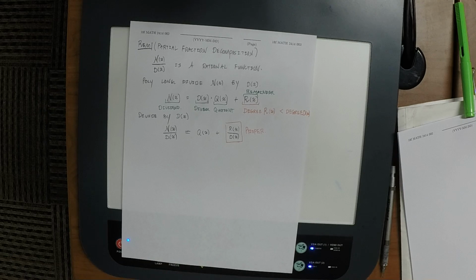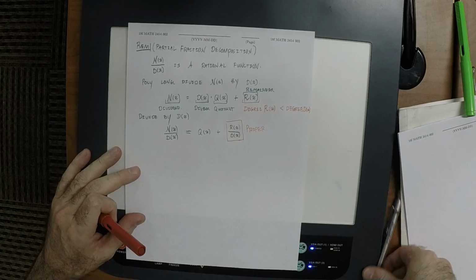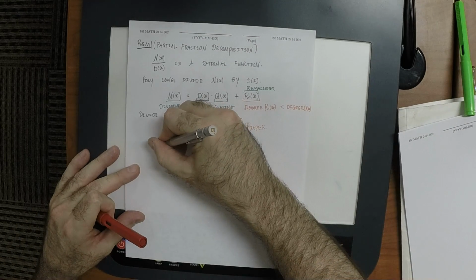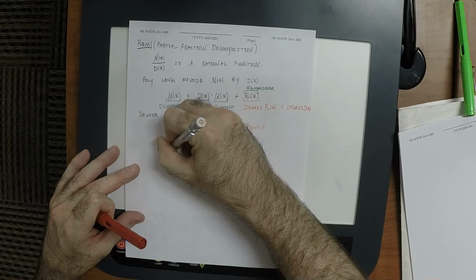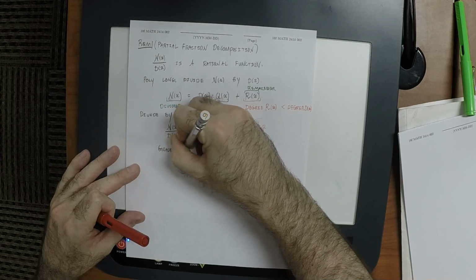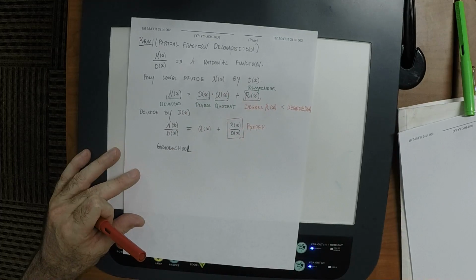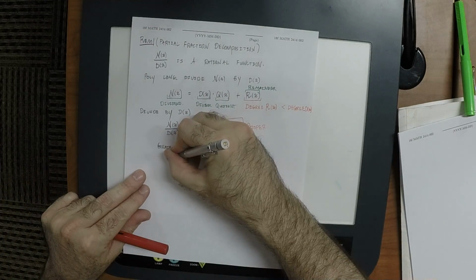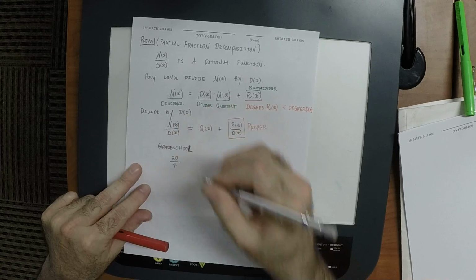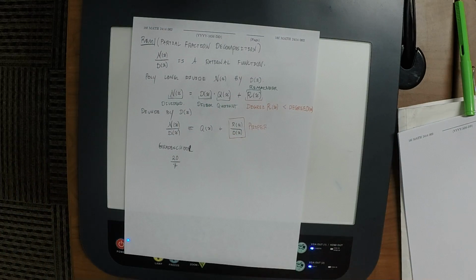So 20 over 7, not proper. Okay? So I'm trying to remind you of grade school. And this proper is not like an ethical judgment. It's just a name.